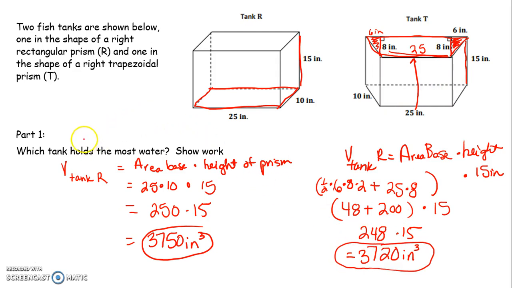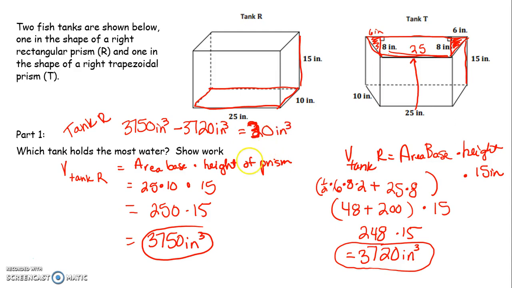If they asked how much more water, so which one holds more water? Tank R, because it has a higher volume. Then if they had asked how much more, you would take your 3,750 cubic inches and subtract off your 3,720 cubic inches, and you'd say, oh, it holds an extra 30 cubic inches of water.